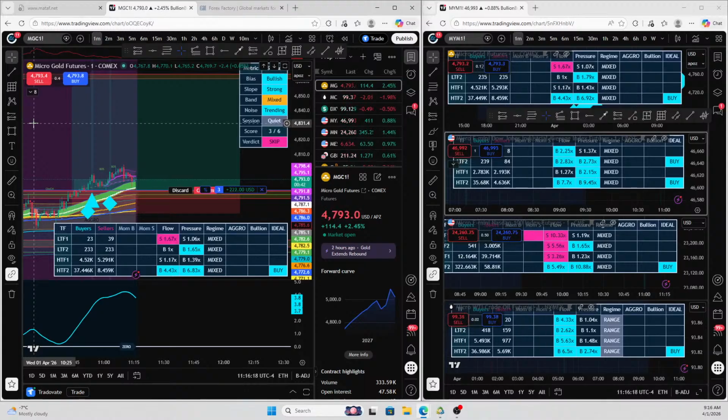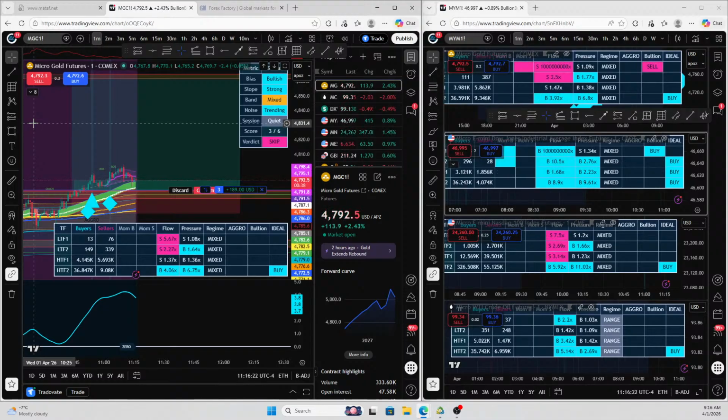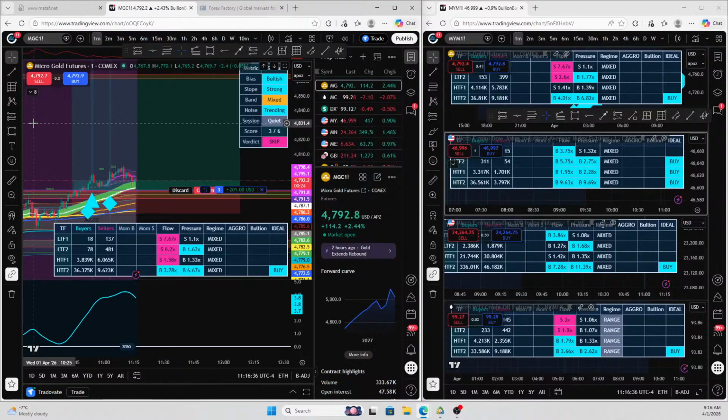But the move has the next resistance level at 4862. Yeah, it can continue ranging at this level. We'll have to see that.